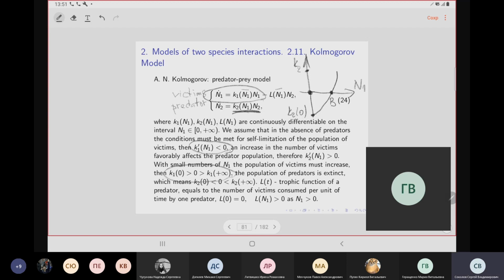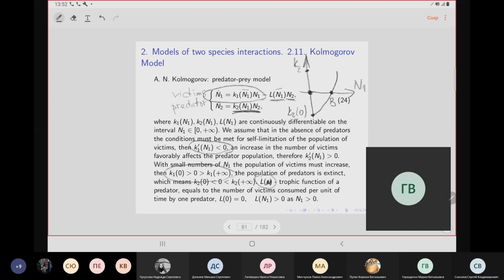And the function L of N is called a trophic function of the predator. It equals the number of victims consumed per unit of time by one predator. Since we multiply the predator number by the function L, it is the speed of consuming of victims.